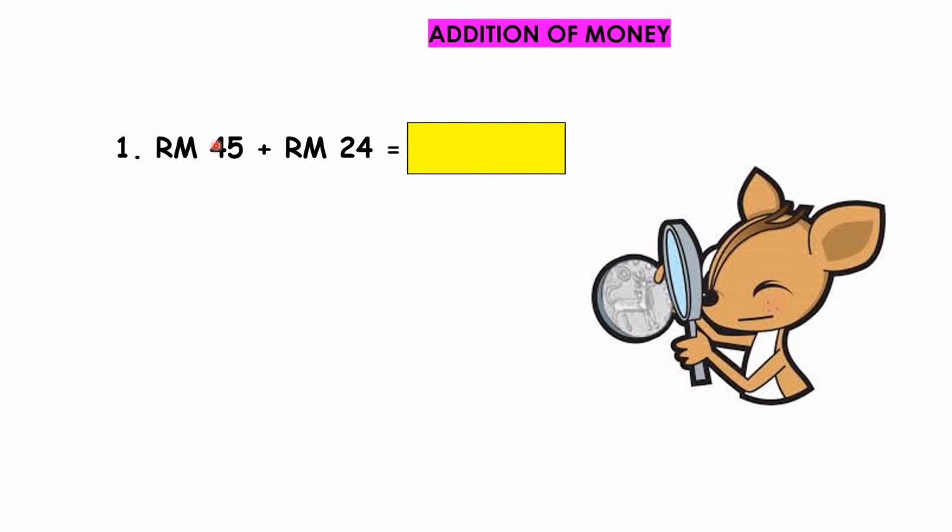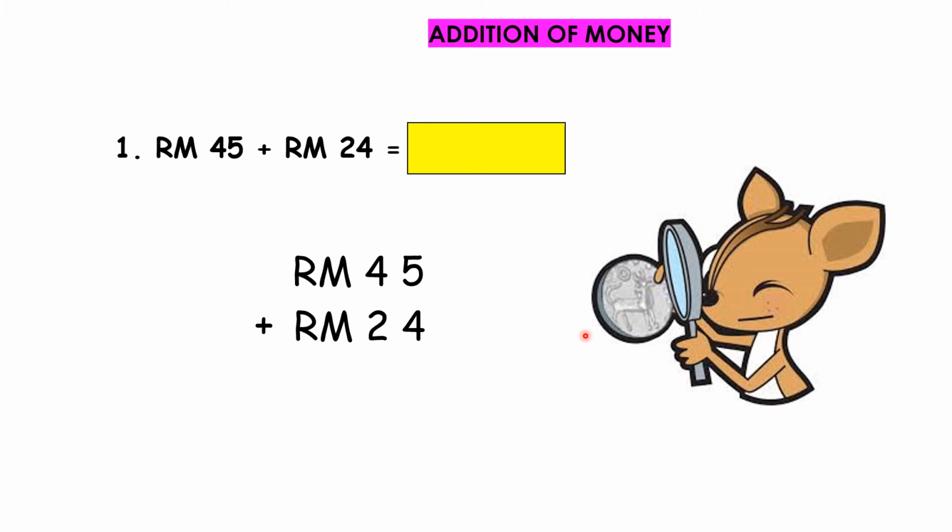Now we go through our lesson today, addition of money. Okay, first example, 45 ringgit plus 24 ringgit. So we are going to solve it by using standard written method. Okay, we write 45 ringgit first, and then 24 ringgit below 45 ringgit.